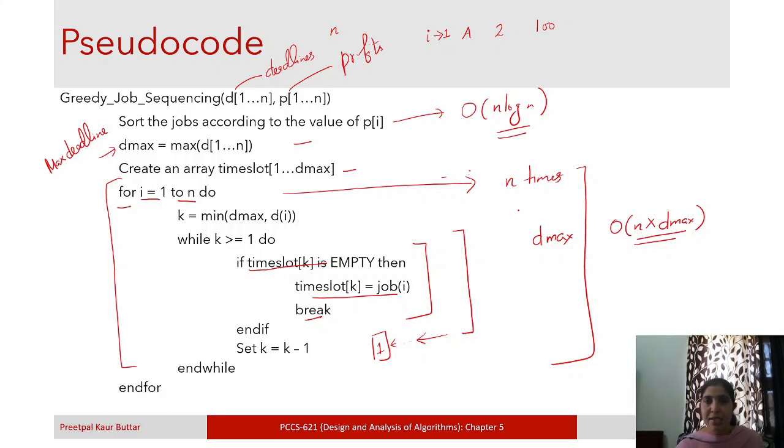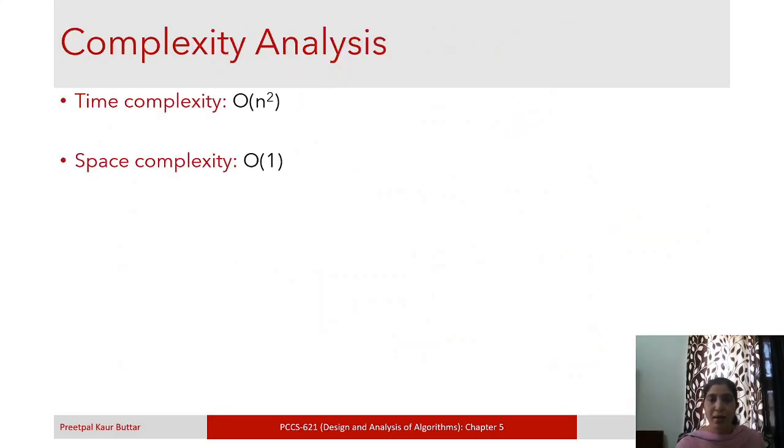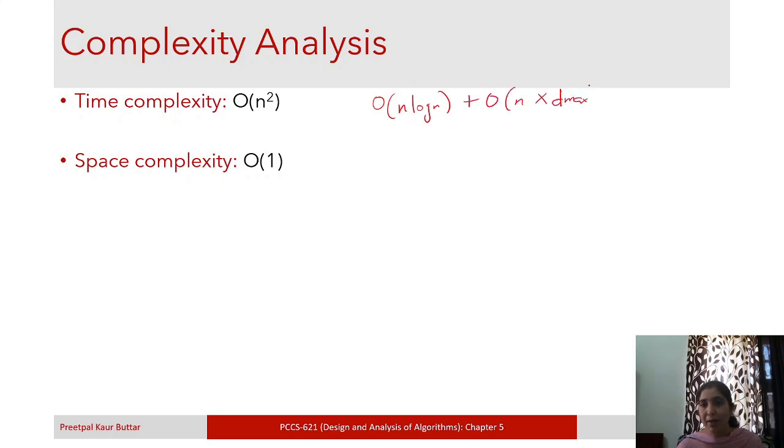So now let us see why it is saying order of n square. There we saw that it is order of n log n plus order of n into maximum deadline. If we assume that the maximum deadline is almost equal to the number of jobs, then it will be equal to n, right?